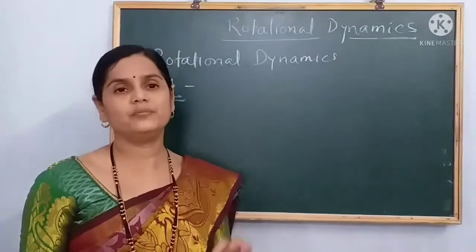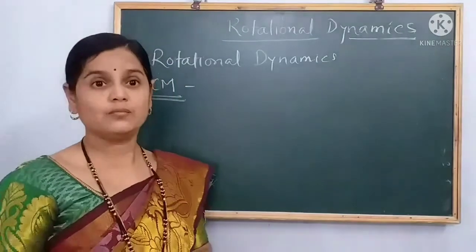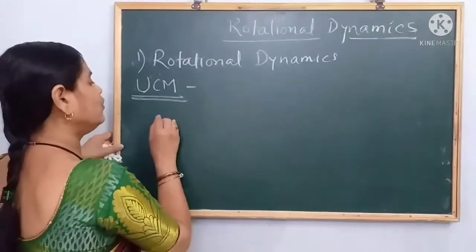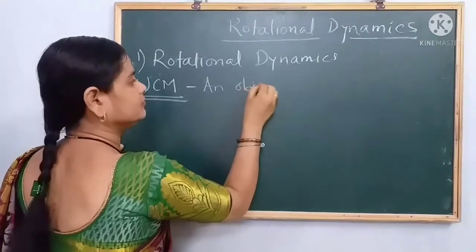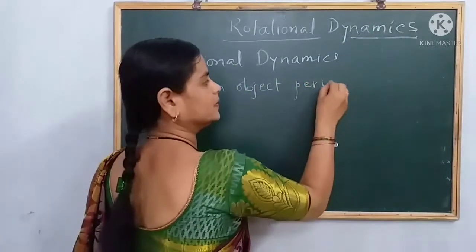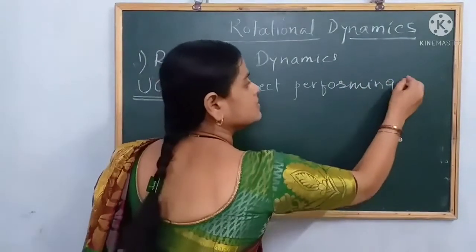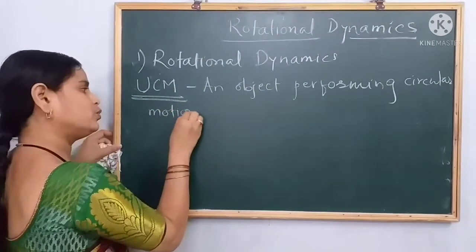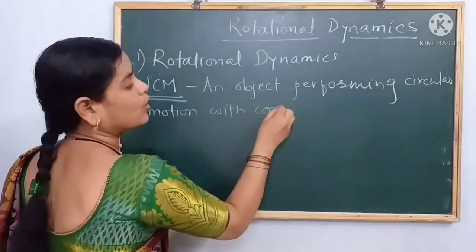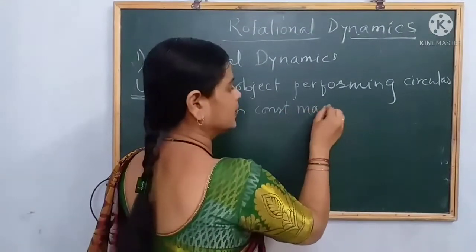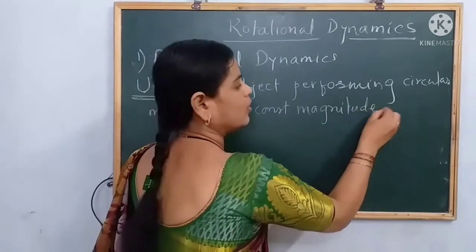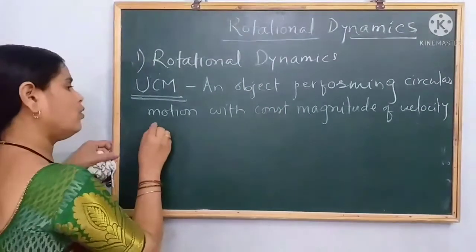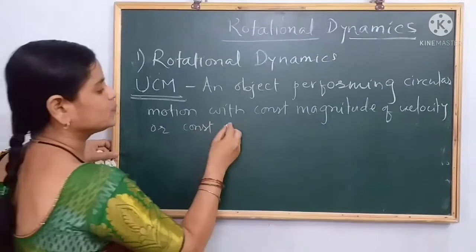It is the motion of an object performing circular motion with constant magnitude of velocity, or we can say constant speed.